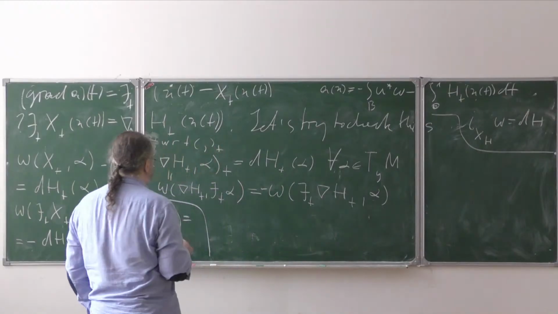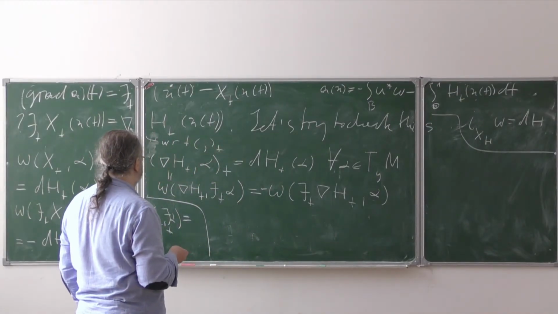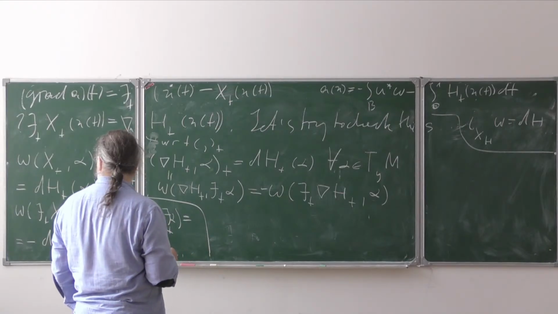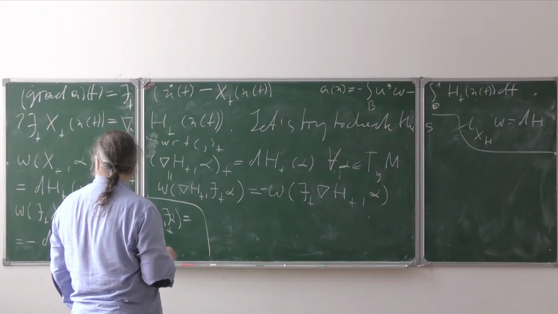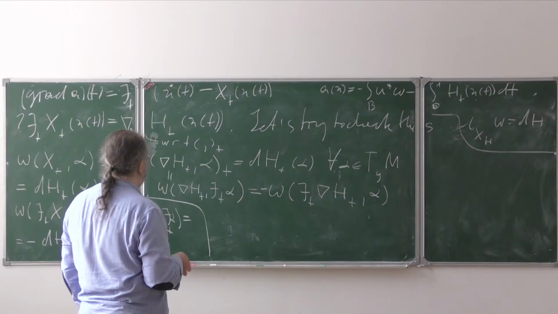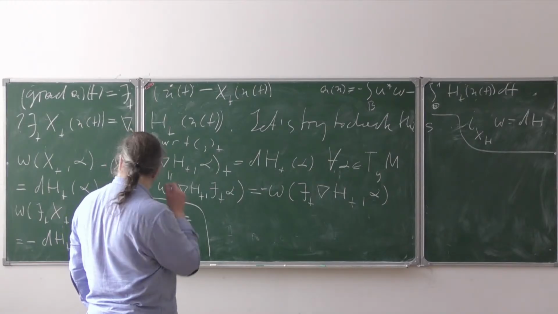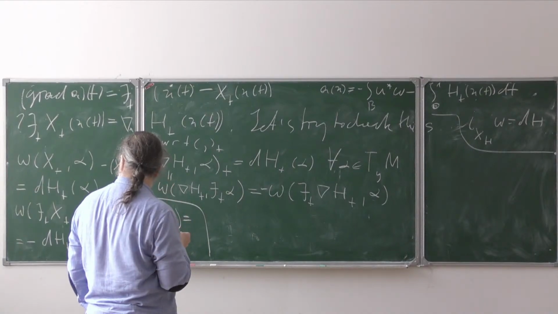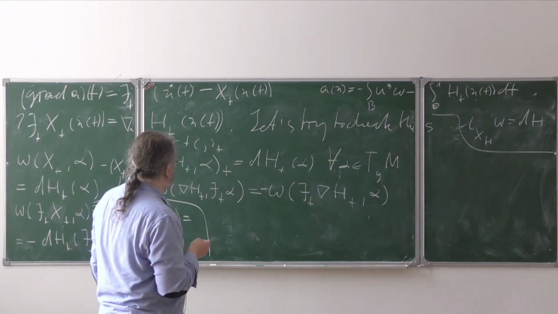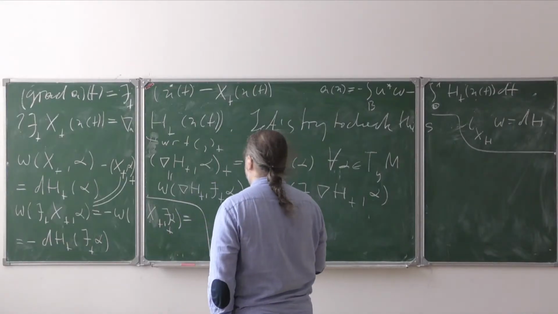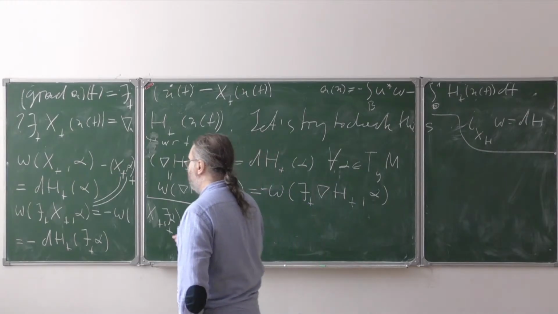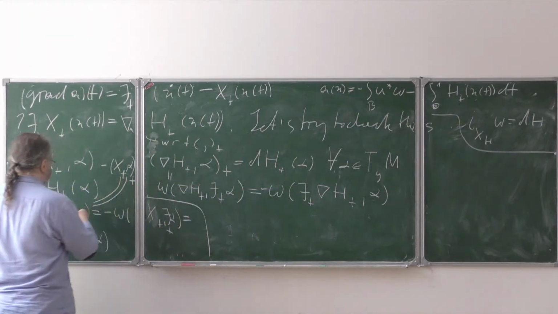Let's try to, we can replace alpha by J_t alpha on the main disk. Yes, but this, but then this.